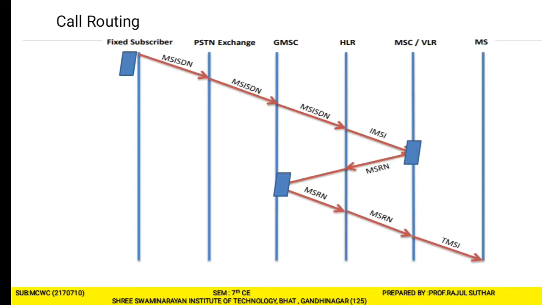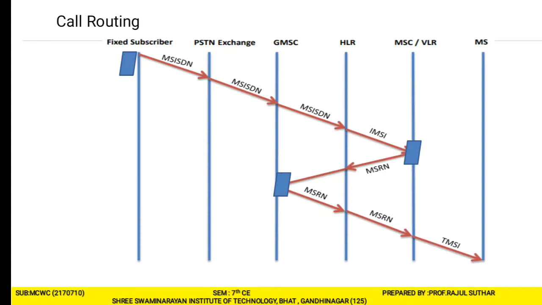The information returned to the GMSC is the mobile station roaming number, MSRN, which is a temporary number that identifies the MSC serving the mobile station. In the figure, a typical routing scenario is shown. The scenario starts with the GMSC asking the HLR for the mobile station roaming number, MSRN.